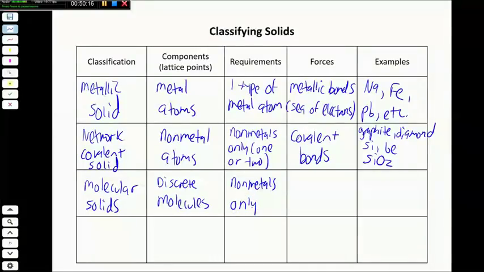And then the forces that hold them together: you don't have any sort of chemical bond between the components. You have these individual molecules, and it's going to be intermolecular forces that hold these molecules together in the crystal.